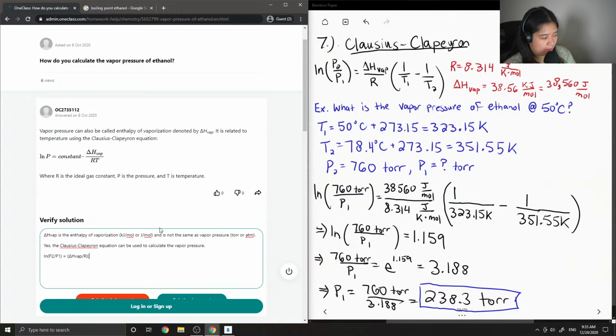It's always confusing to write multiple brackets, but yep.